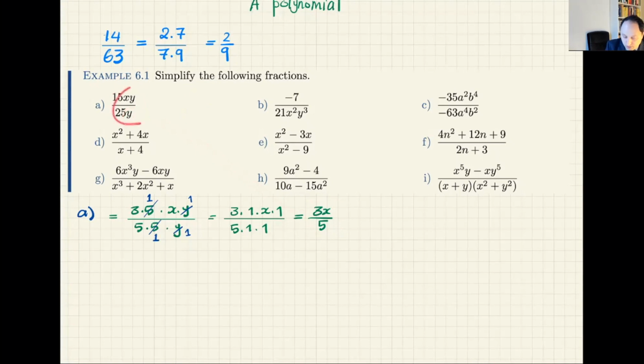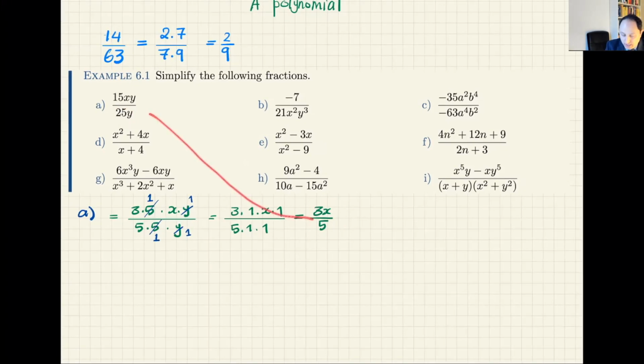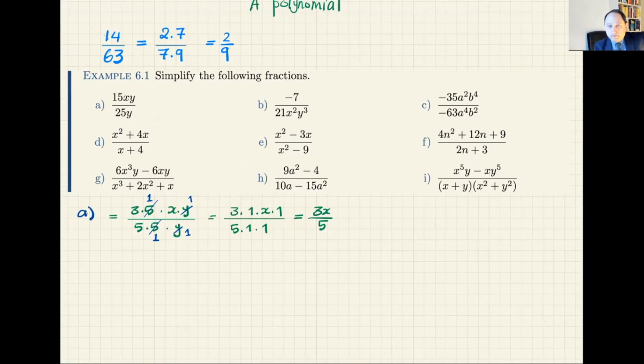So this expression is always equal to this expression under the condition that these two expressions are well defined in the first place. This is always well defined because the denominator is 5 and 5 cannot be 0 at all. But this one can be 0 if I choose y equal to 0. So it means that this equality between these two is limited to those values of y which are not equal to 0, for non-zero values of y.